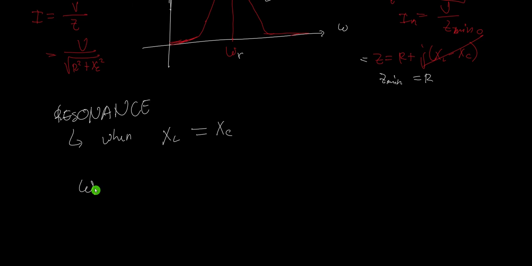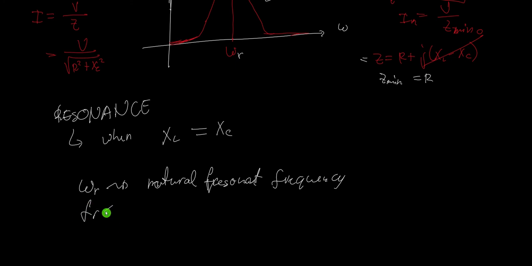Omega R is the natural resonant frequency, and FR is just equal to the resonant frequency. So the condition for resonance is that XL should be equal to XC.